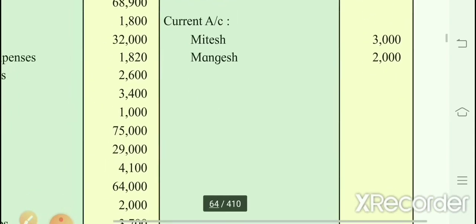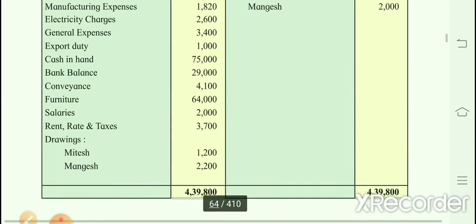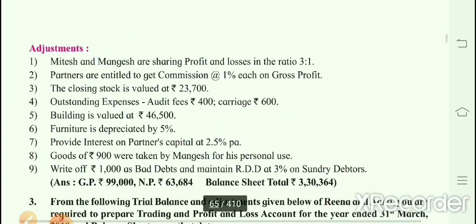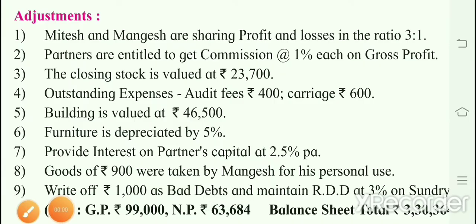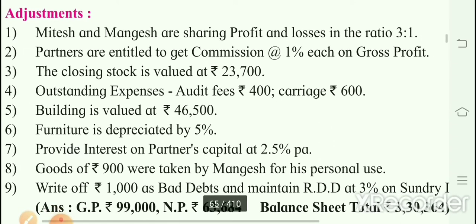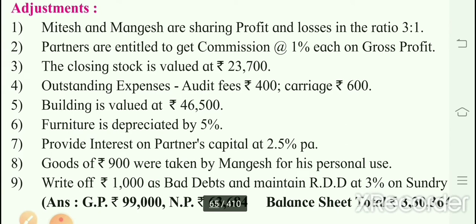Then see the adjustments. First, Mitesh and Mangesh are sharing profits and losses in the ratio of 3:1. Actually, it is not an adjustment, just the information given to us about the profit sharing ratio. Second, partners are entitled to get commission at 1% each on gross profit.